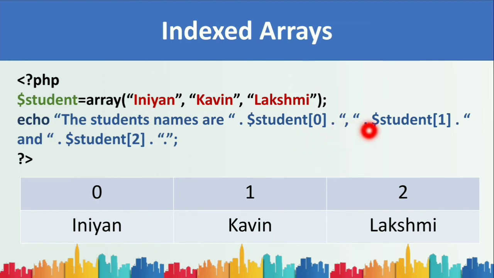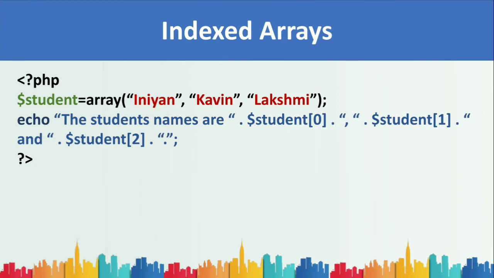Inside double quotes you have a comma, so you write the comma, then student of first index, that is the value stored in first index, Kavin. Then inside double quotes we have the word and, so you write and. Then we have the third value, student of second index, that is Lakshmi. Hope you have understood. Just try to write the output.